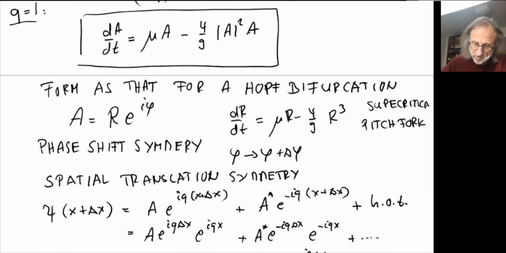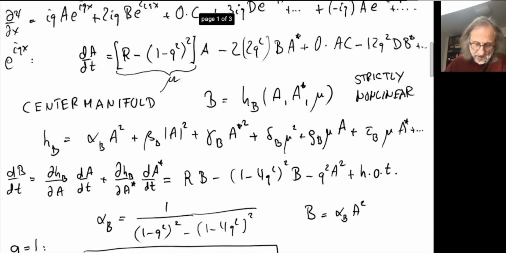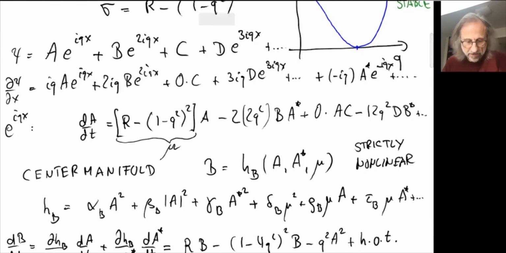And so we can look at the original expansion. If we make a reflection in x, what do we get? x goes to minus x, so this becomes an e to the minus iqx multiplied by A. But we also have an A star term here. x going to minus x makes this an e to the plus iqx. So as a matter of fact, when you compare these two terms, going from x to minus x is the same thing as going from A to A star and vice versa.